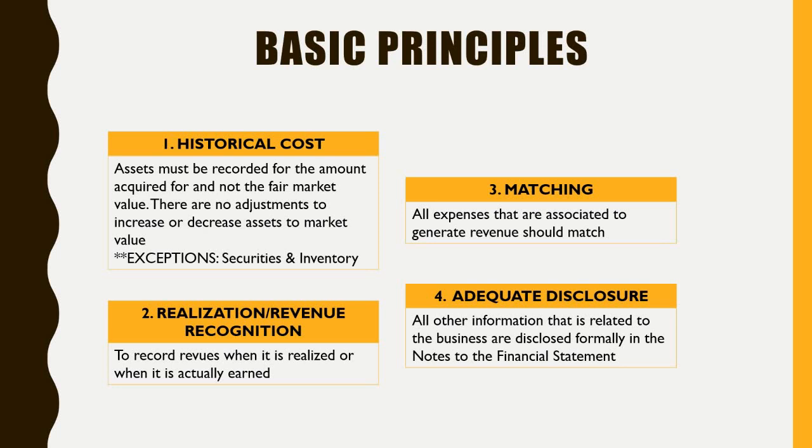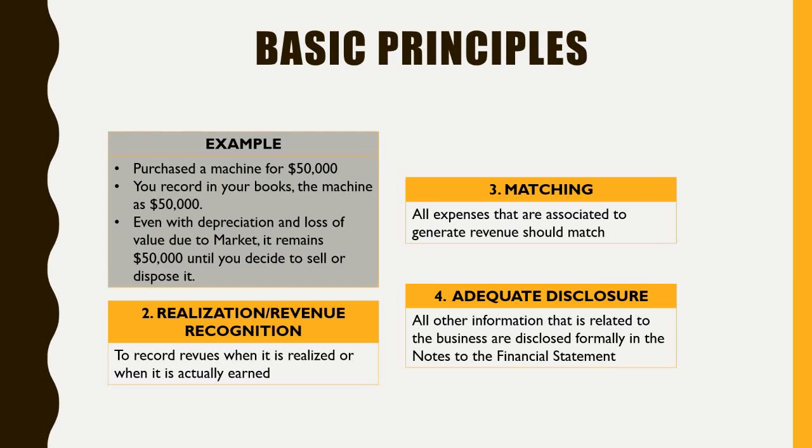So whatever you purchased it for, the fair market value of that current date, you record it and you keep it remaining in your books until you sell it. All right. So a great example here is if you bought a machine for $50,000, and of course when you eventually depreciate it, you don't actually take it off the value of the actual asset.